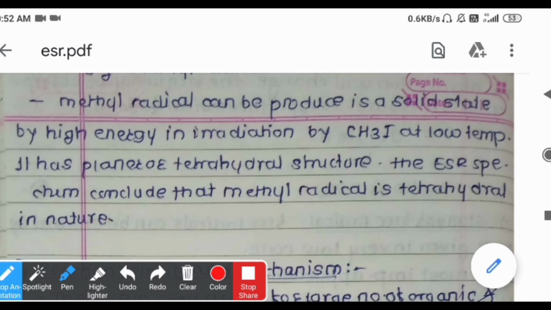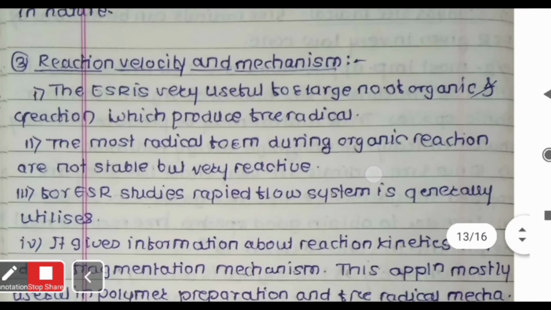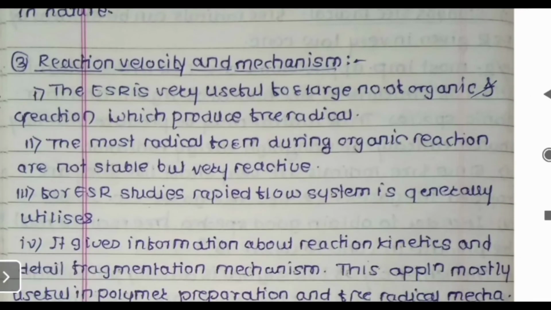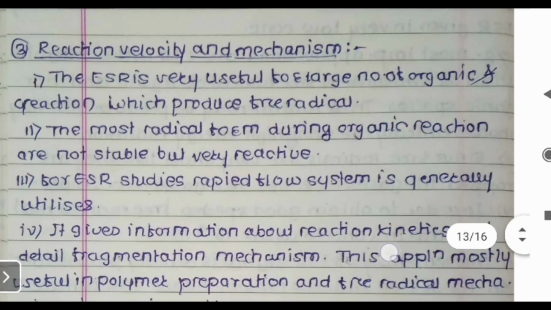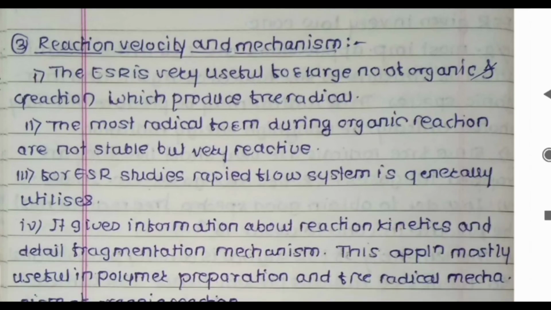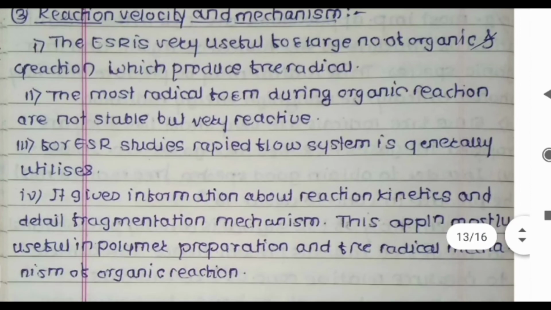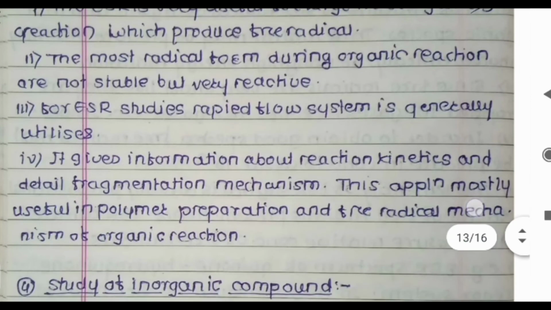Okay. So the next important thing is the reaction rate or kinetics and the mechanism. ESR spectroscopy is very useful for a large number of organic as well as inorganic reactions, various reactions which produce free radicals. Most radicals formed during organic reactions are not stable, but very reactive.